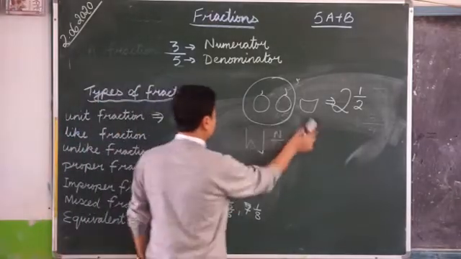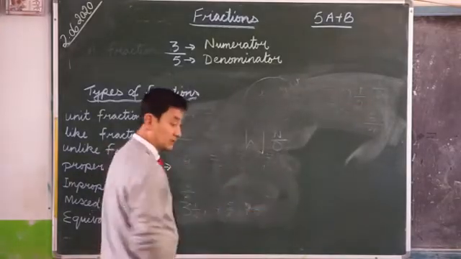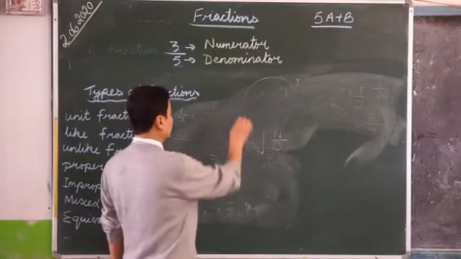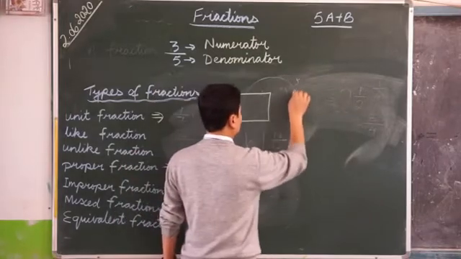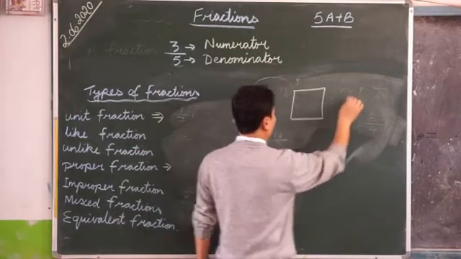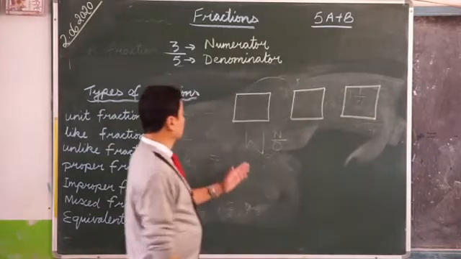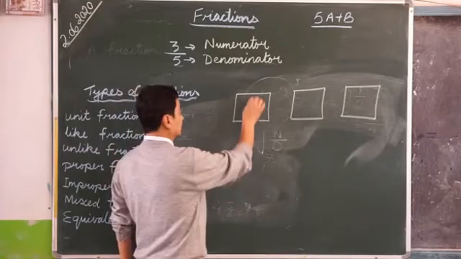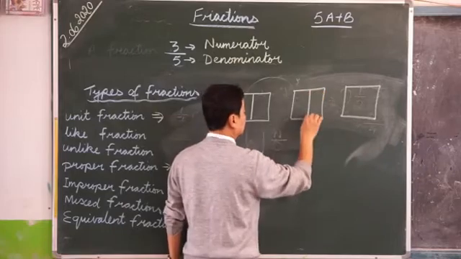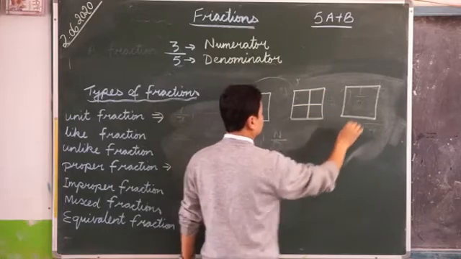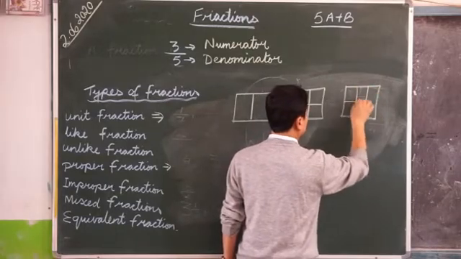Now let's do the last part, equivalent fraction. Now this is a box. All are of equal sizes and you divide this into 2 parts, you divide this into 4 parts, you divide this into 6 parts.